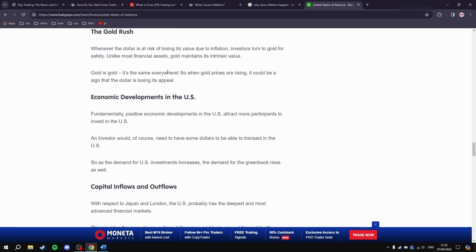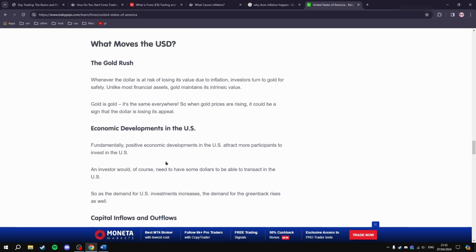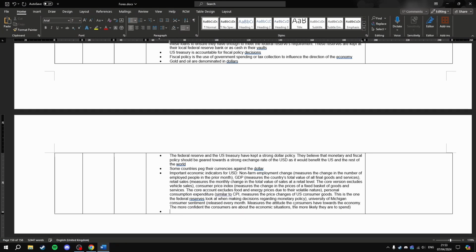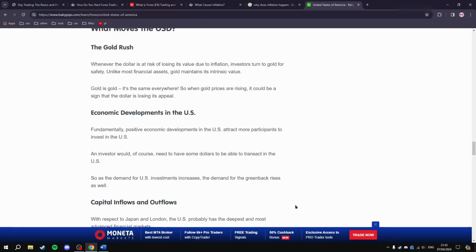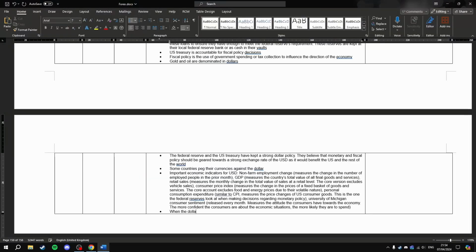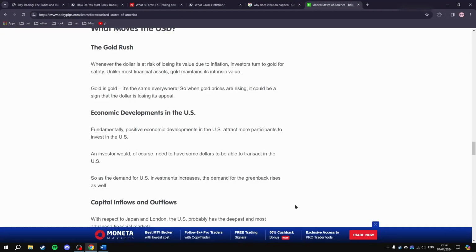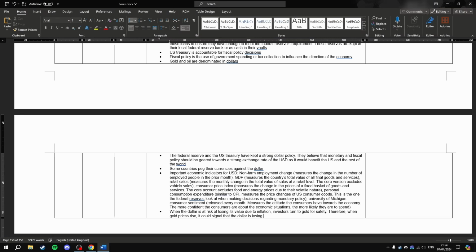It is the same everywhere, so when gold prices are rising, it could be a sign that the dollar is losing its appeal.